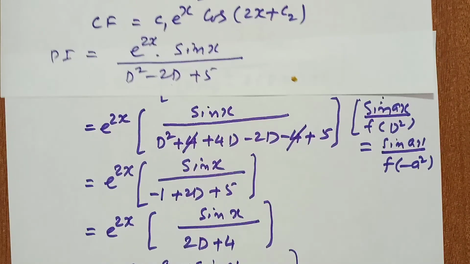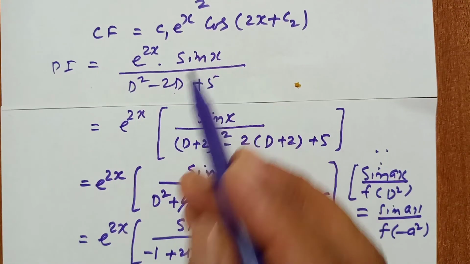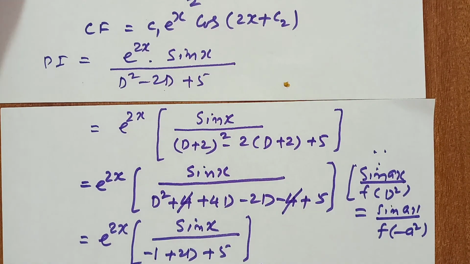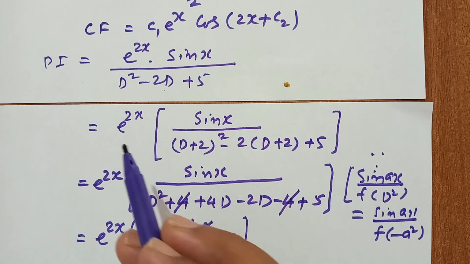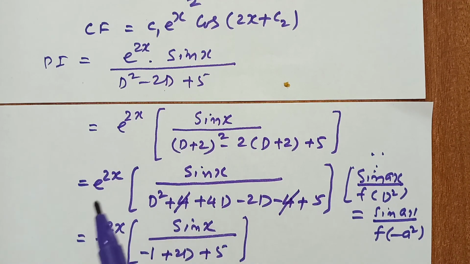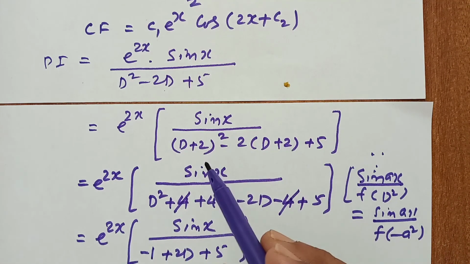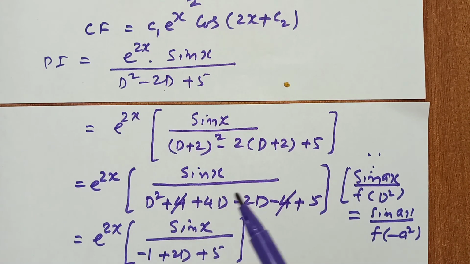So here the particular integral means e^(2x) sin x / (D² - 2D + 5). So what is the formula? First we take e^(2x) outside and only calculate the particular integral of sin ax / f(D²), which equals sin ax / f(-a²).